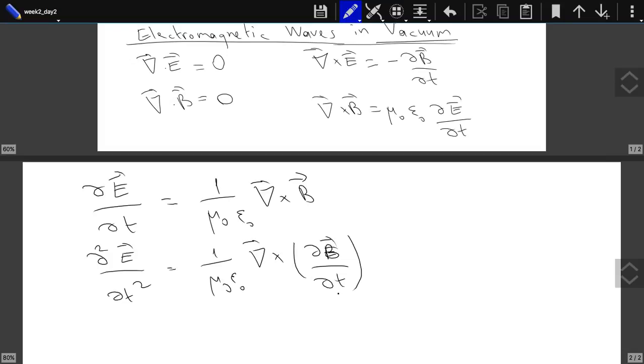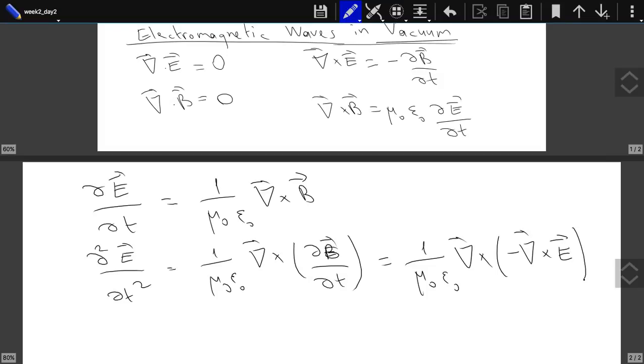So what is the del B by del t? This is equal to minus the curl of E. So that's great. That means I have a single equation that doesn't contain the B field, only the E field.